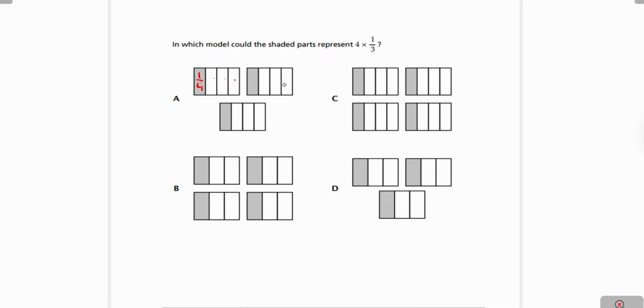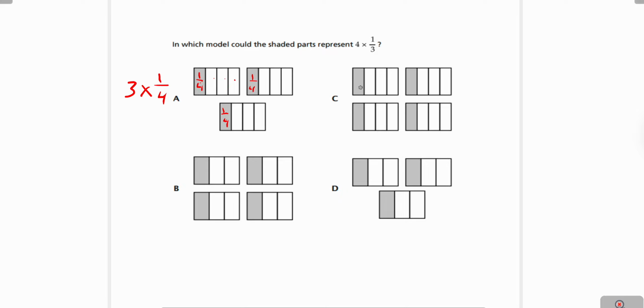This is 1 out of 4, this is 1 out of 4. So this letter A represents 3 copies of 1/4. So this is not 4 groups of 1/3. This is 3 groups of 1/4, so it's not this one.